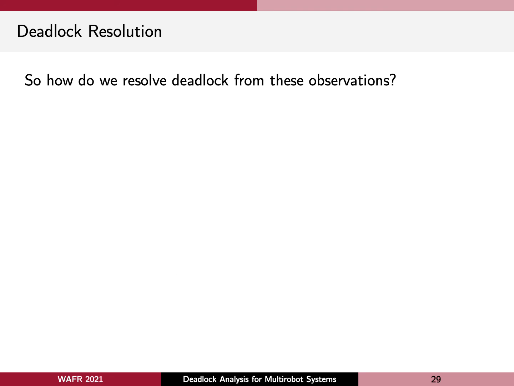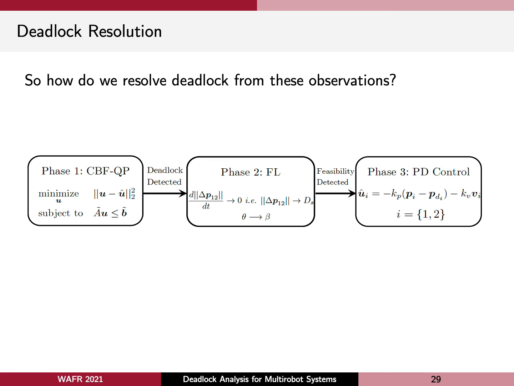So what is the resolution algorithm? Well, here's the strategy. First, we let the robots use their original CBF-QP-based controllers to go to their goals, as they normally would, and wait until they fall in deadlock. Once we detect the incidence of deadlock, we use feedback linearization-based controllers to rotate these robots around one another so that the vector connecting the robots aligns with the vector connecting their respective goals.